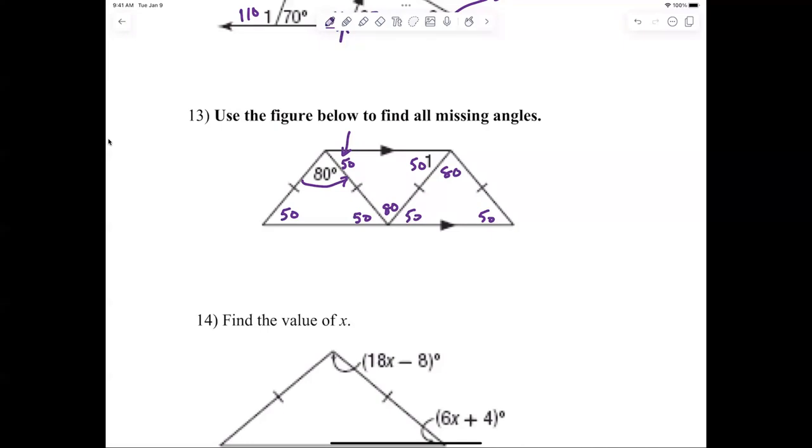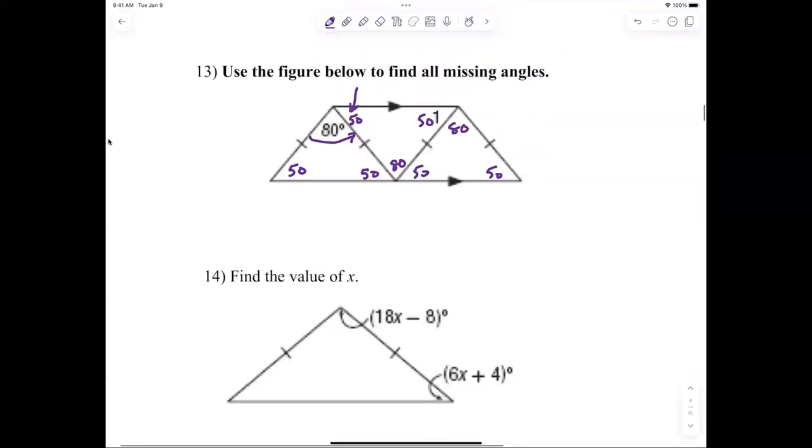I know it is 50, but how did you figure that out? These are supplementary. That's the first thing I thought about. All the lines are parallel. This right here is parallel to this right here. Yeah. So if this is 50 right here, this is an alternate interior angle.